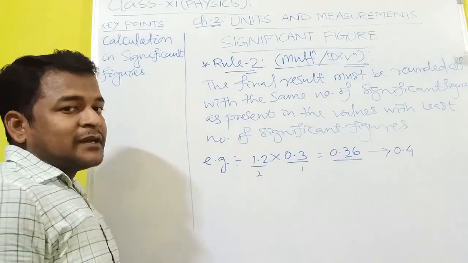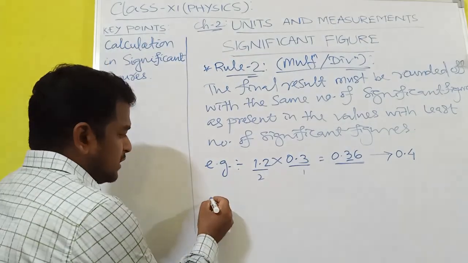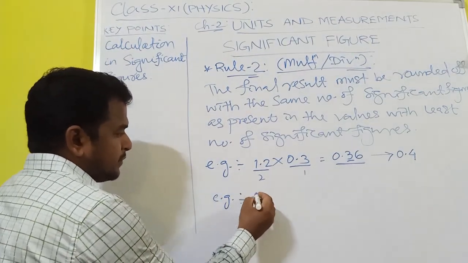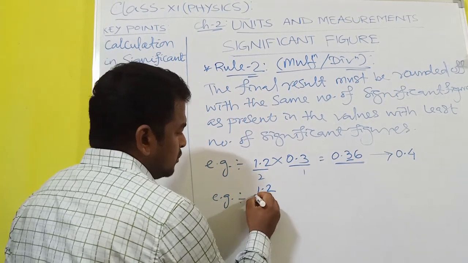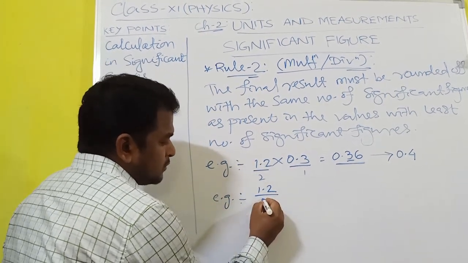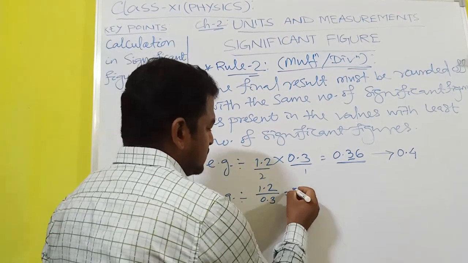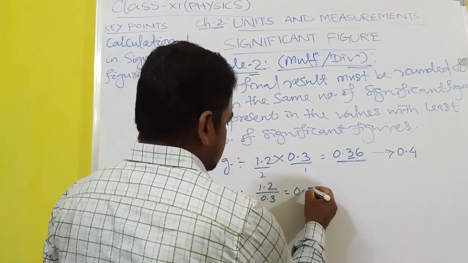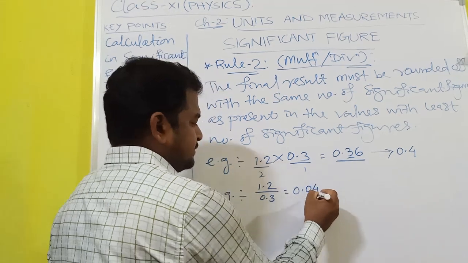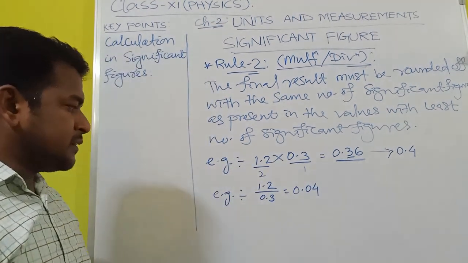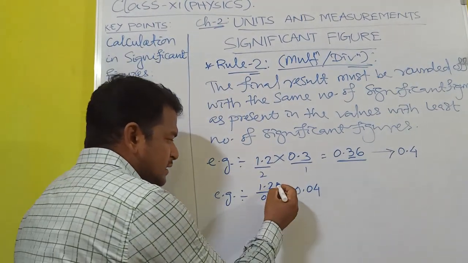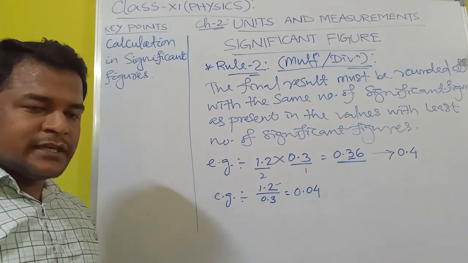This rule is also applicable for division. Example, 1.2 upon 0.3 is 0.04. Look here, in this number 2 significant figures are there.